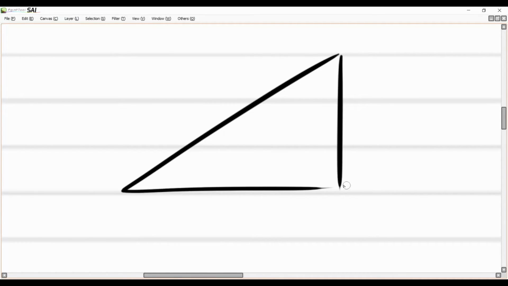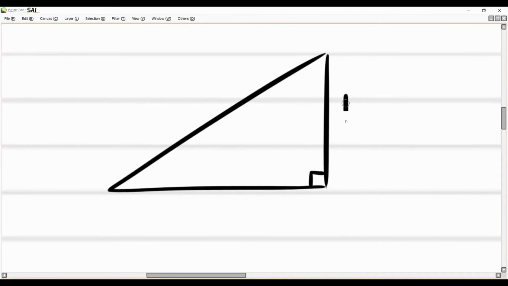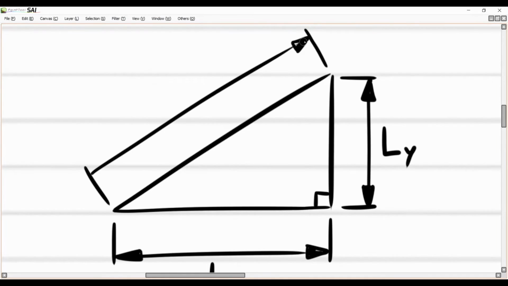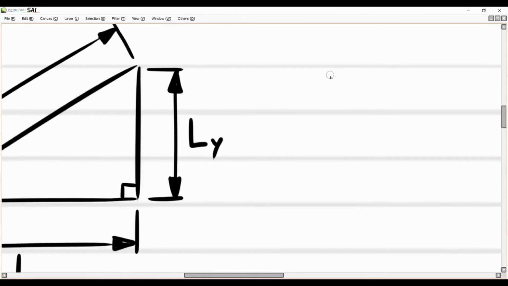So now we can very easily do our Pythagorean theorem. We wanted to measure the length, and we basically have something that looks like this. We have this one, which is our L. This is not too hard to do.